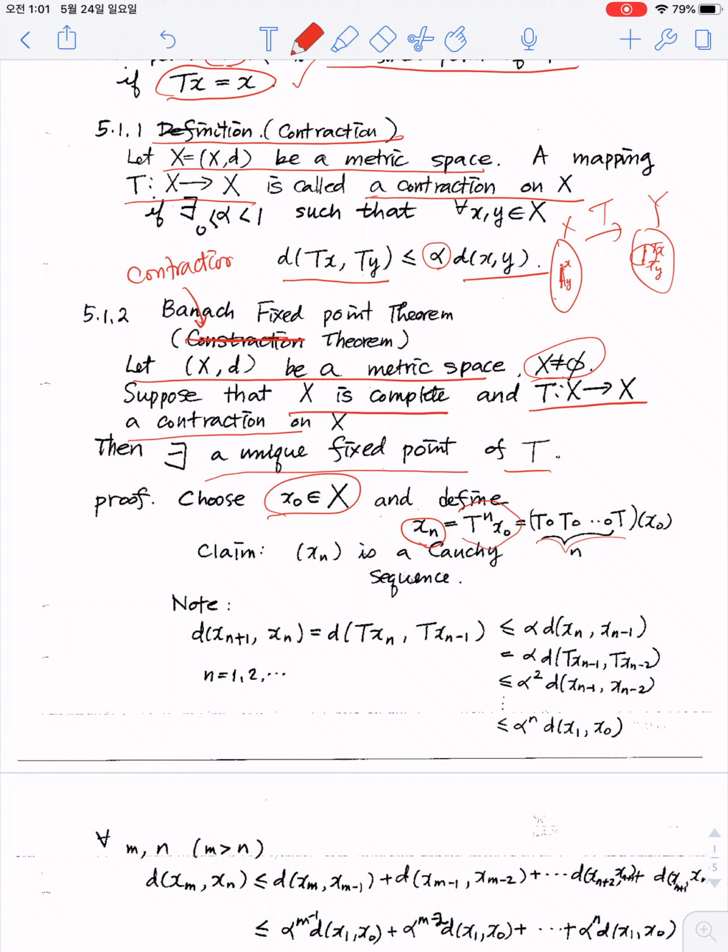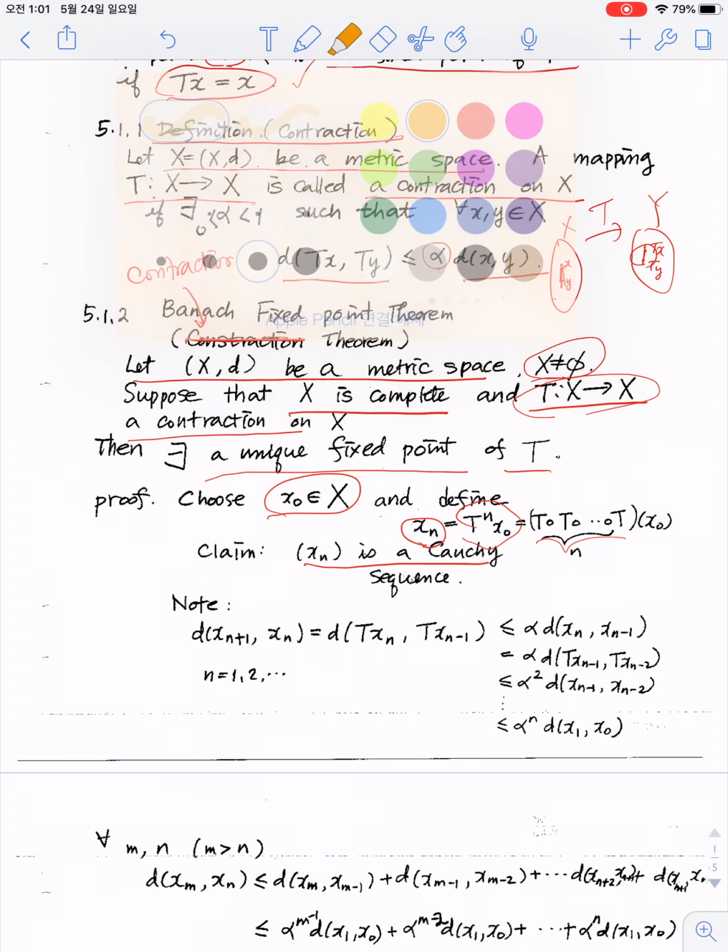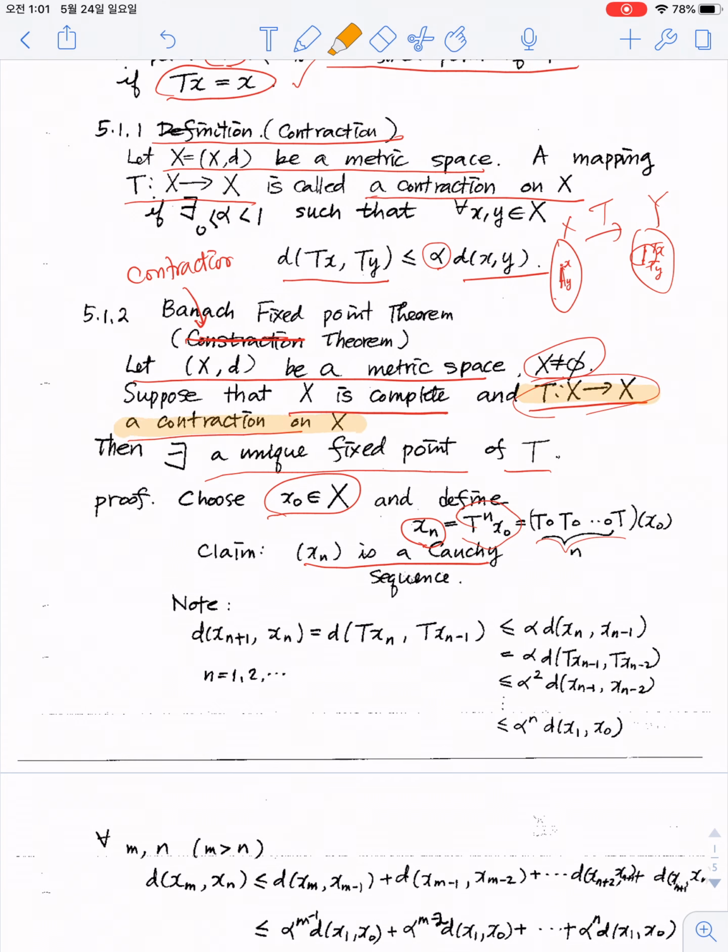So this is our definition. Then we want to show this sequence xn is a Cauchy sequence. So how do I prove this one? We use the contraction map. So this T is a contraction map.